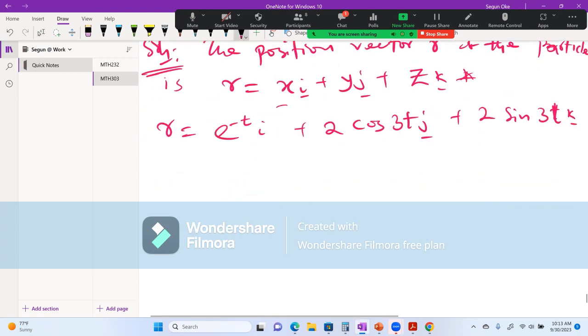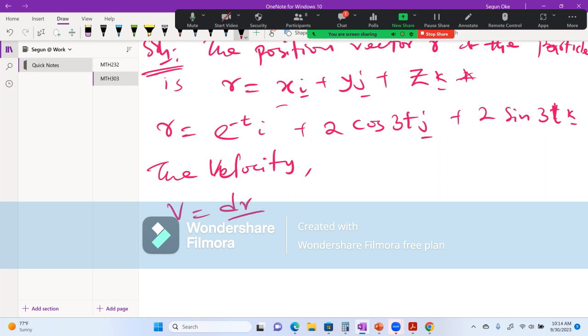So velocity v equals dr/dt, that is, we are differentiating the position we are given.